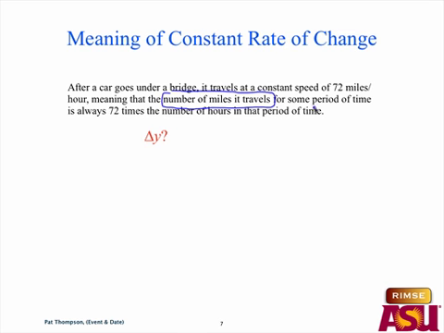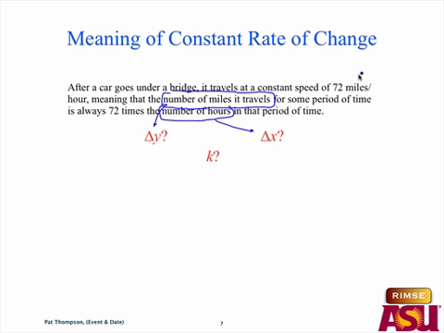Okay, so if you want to include for some period of time. Agree? Is that delta y? Okay, what about delta x? Some people are saying number of hours. Agree with that? And what is K? 72 miles.